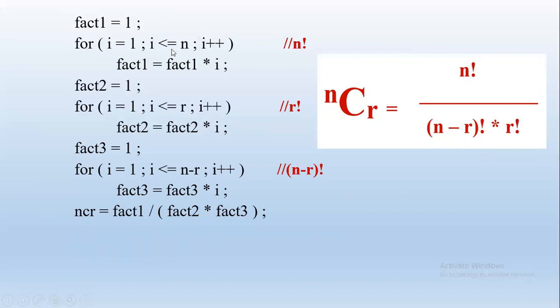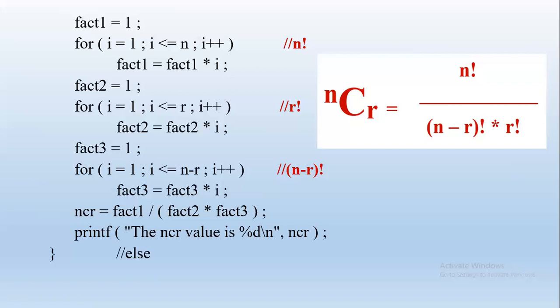Fact1, fact2, fact3 is found. Substitute in the formula, we will get the value of nCr. So here we will print the value of nCr, right? Then we close else and then we close the bracket for main.